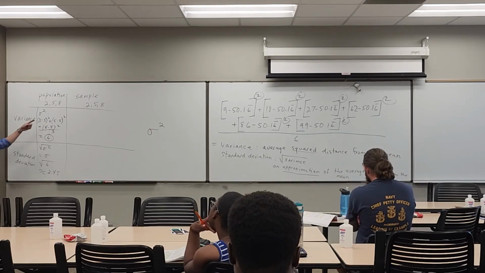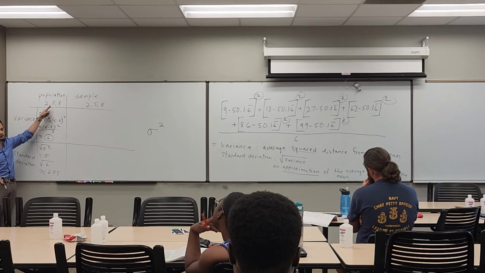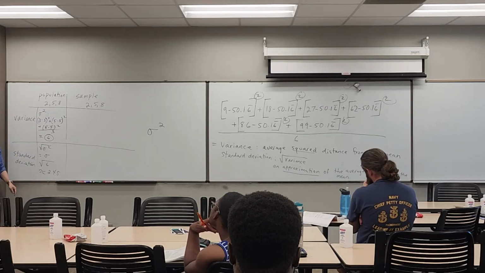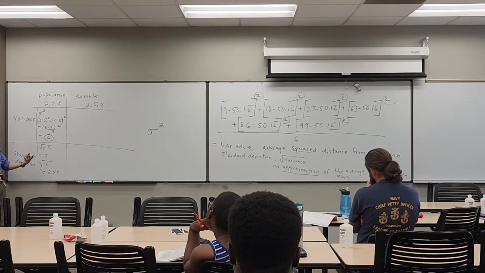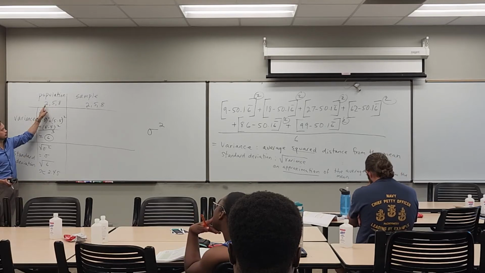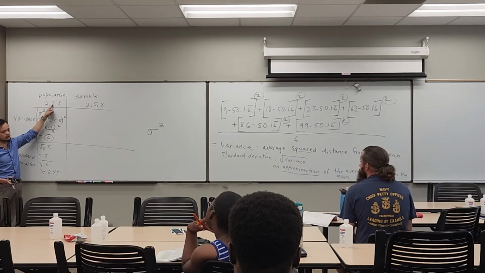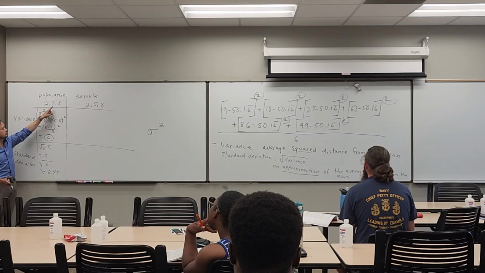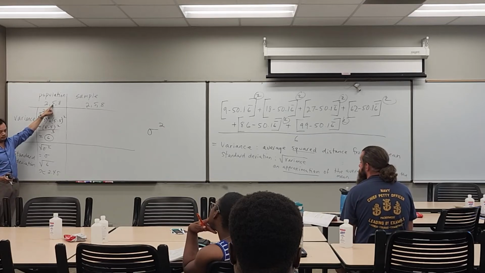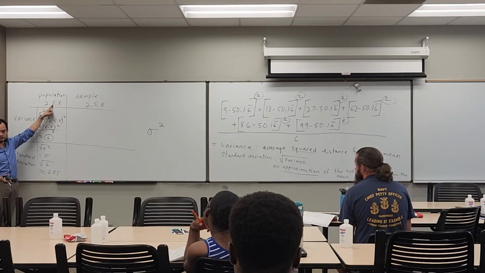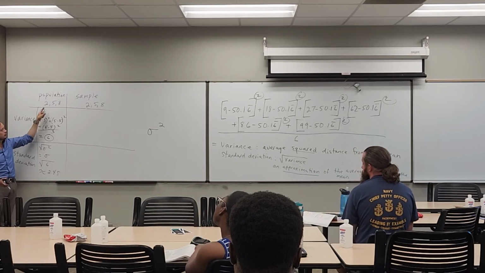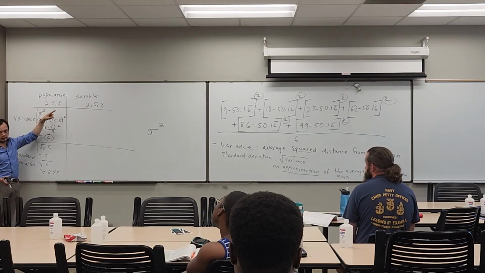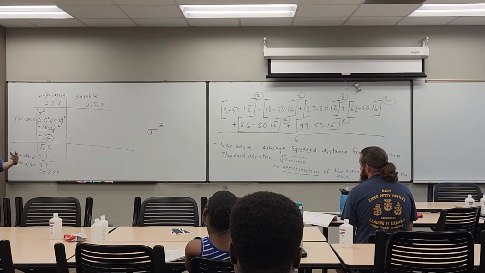And you notice that the actual average distance from the mean should be what? 3. Yeah, it should be 3, because the distance from 2 to 5 is 3, distance from 5 to 8 is 3. But the distance from 5 to 5 is actually 0. So if you add up all those numbers, 3 plus 0 plus 3, divide by 3, you'll get 2.